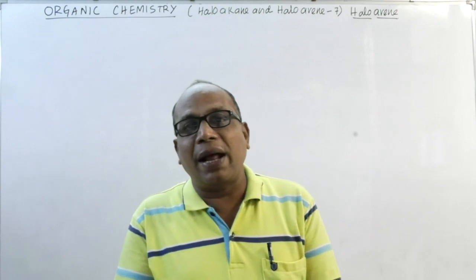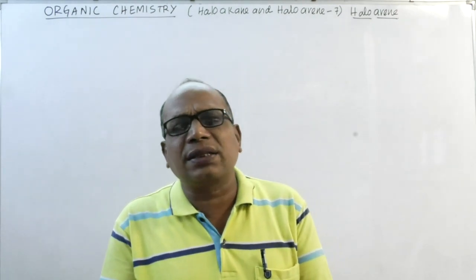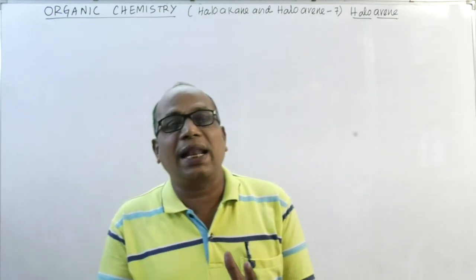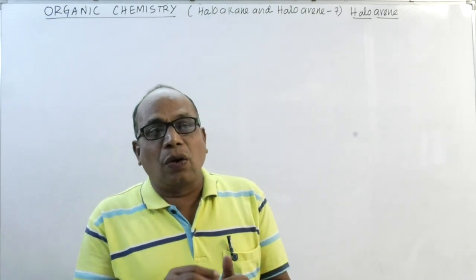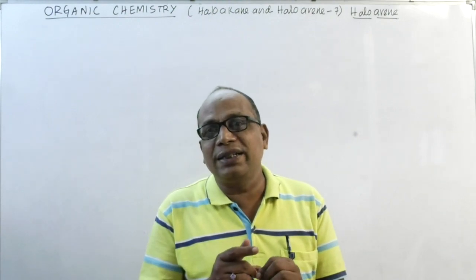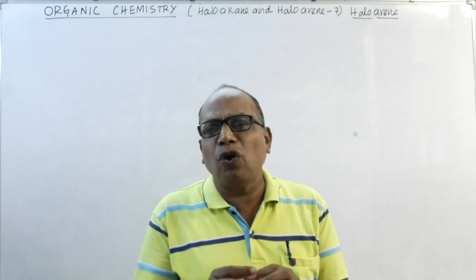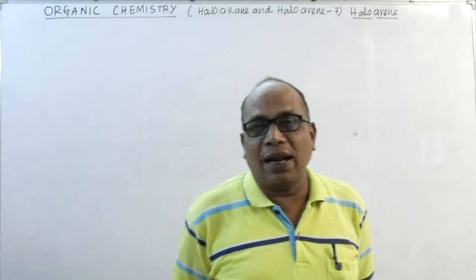That means from alkyl halide we can synthesize various classes of aliphatic organic compounds such as alkane, alkene, alkyne, alcohol, ether, ester, primary amines, carboxylic acids, nitroalkanes, alkanitrile. So many classes of organic compounds can be synthesized from alkyl halide.